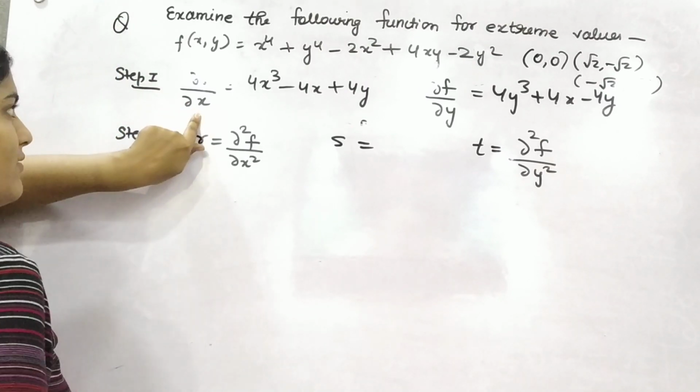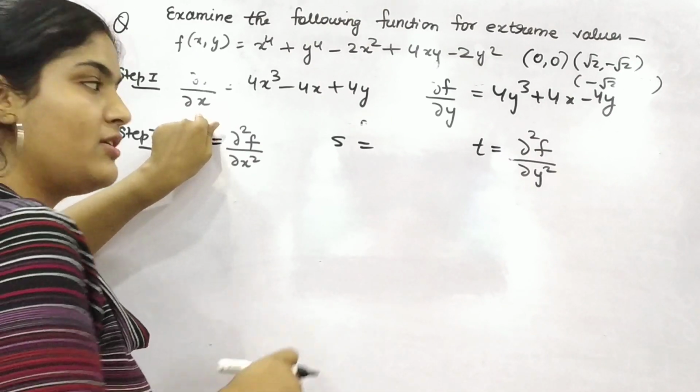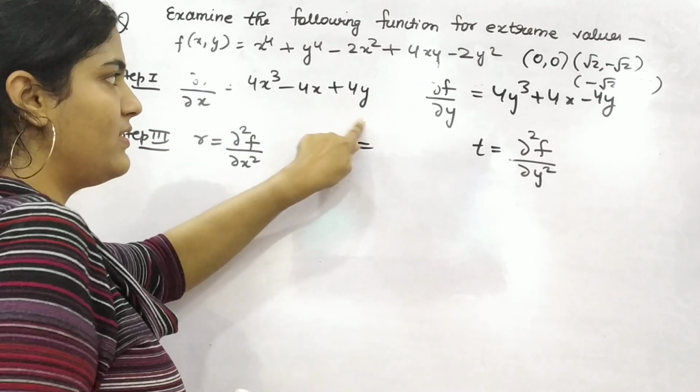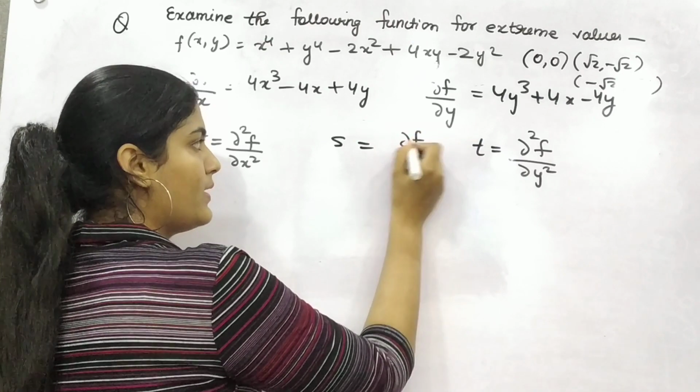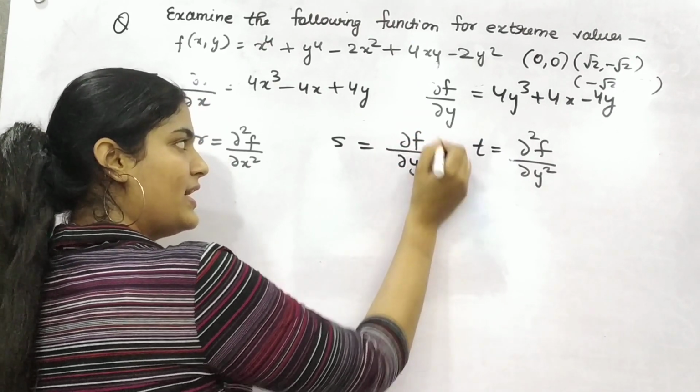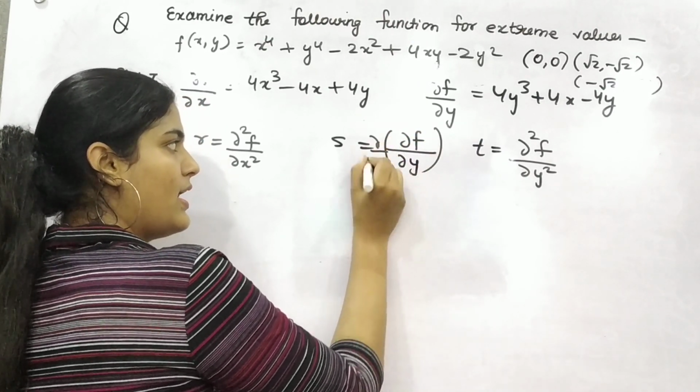So if it is with respect to x, then differentiate it with respect to y, and if it is with respect to y, then differentiate it with respect to x.